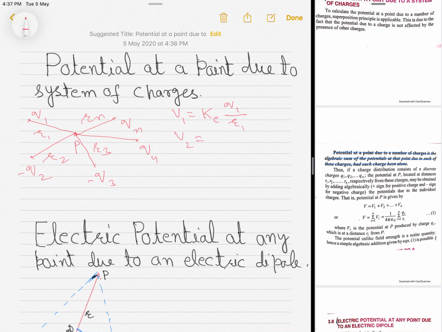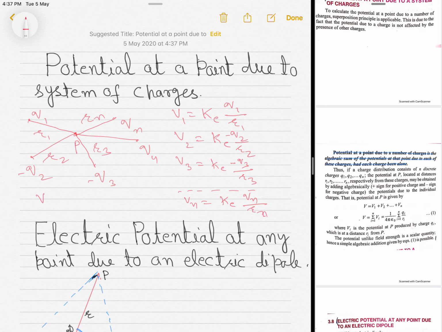V2 is equal to Ke q2 by r2, V3 is equal to Ke, with a minus sign here, minus q3 by r3, and Vn is equal to Ke qn by rn.